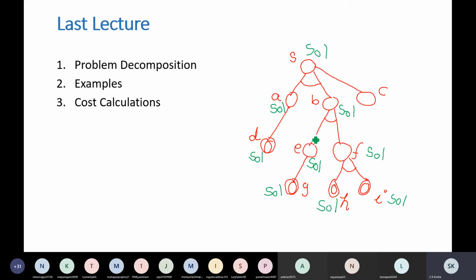We have reached the solution. The algorithm will return all the nodes whose label is solved. That will be a subtree, the solution tree, and that is the solution to the search problem that you are searching for.